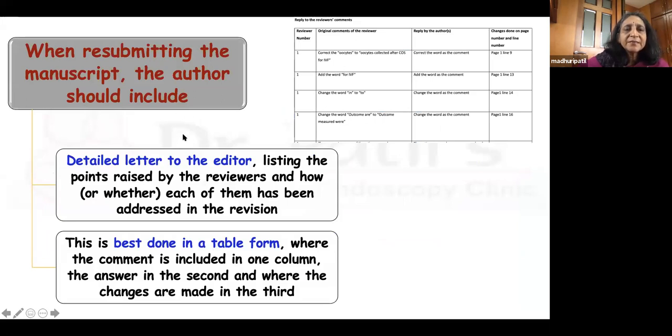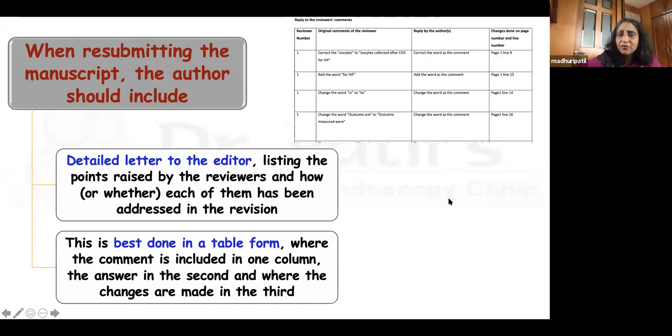When you're resubmitting, you have to give a detailed letter to the editor listing the points raised by the reviewer, that these are the comments by the reviewer, and how you have addressed each of them. So what you have given, whether you have added or not changed something, and you have to give where the changes have been made.